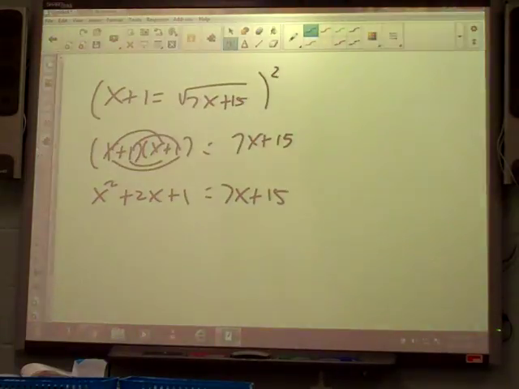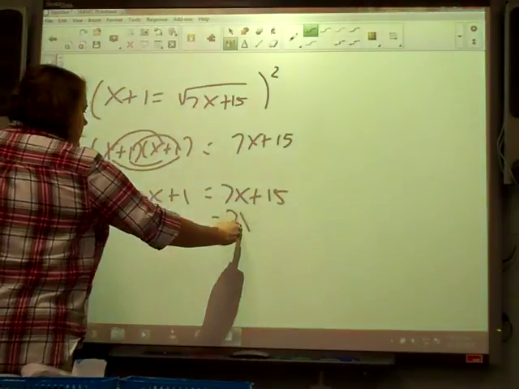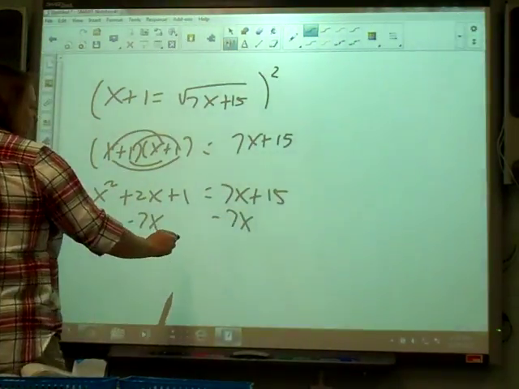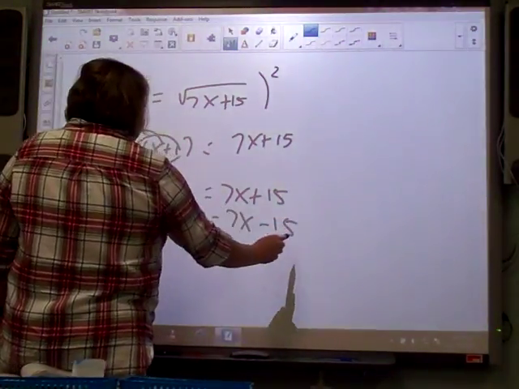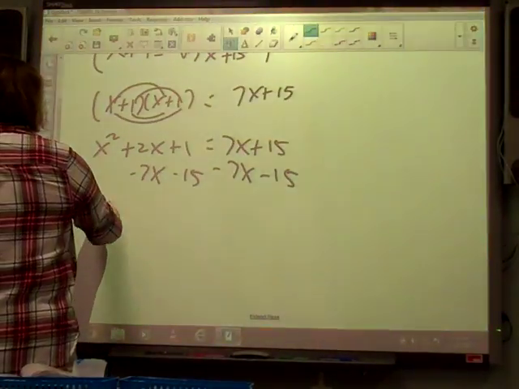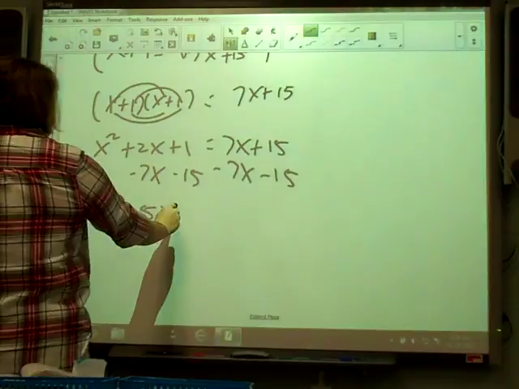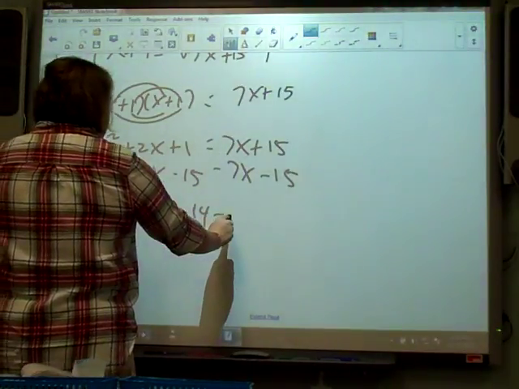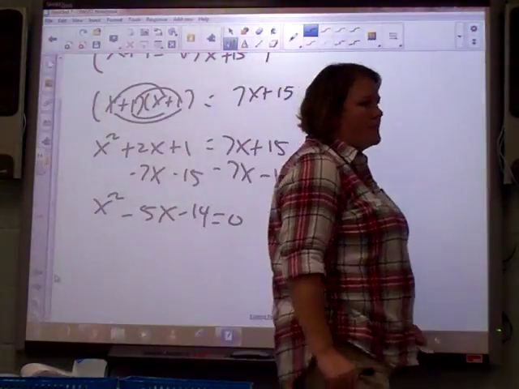I'm going to subtract 7x and subtract 15 from both sides. So that gets me x squared minus 5x minus 14 is equal to 0.